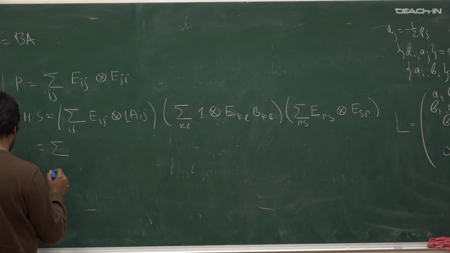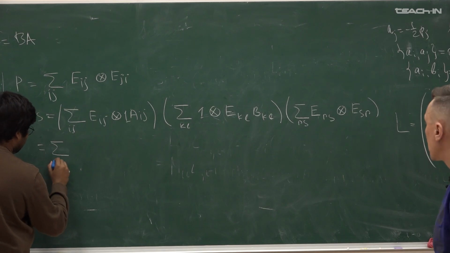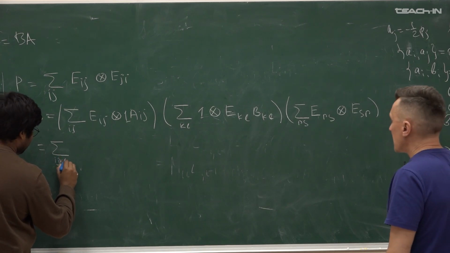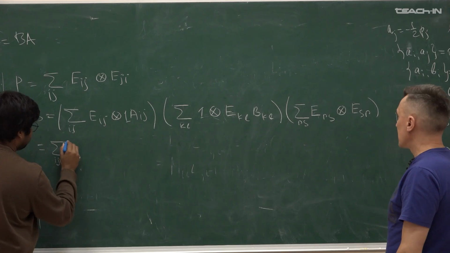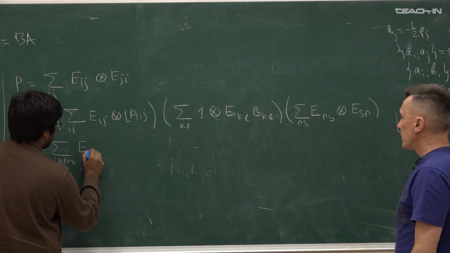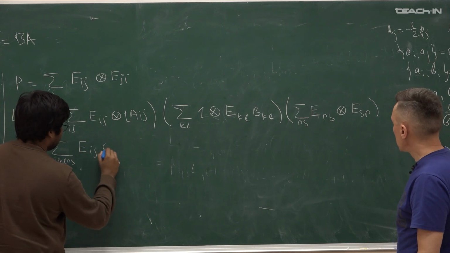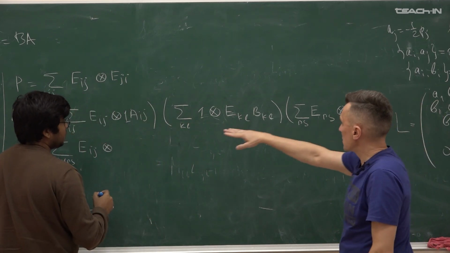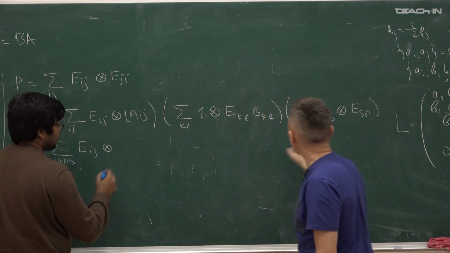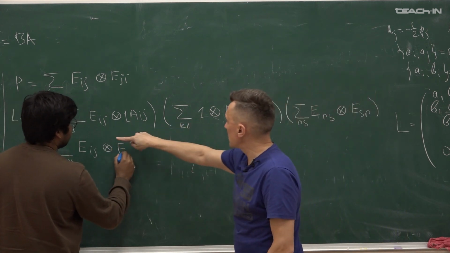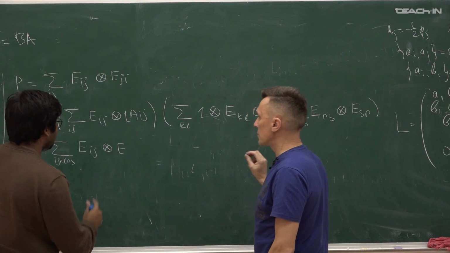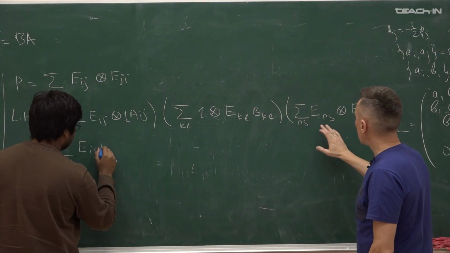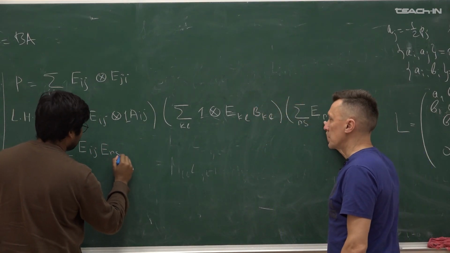So we have the sum over I, J, K, L, R, S. Then E_IJ, we can directly multiply this by this, before the tensor multiplication, because it's also in the first component.